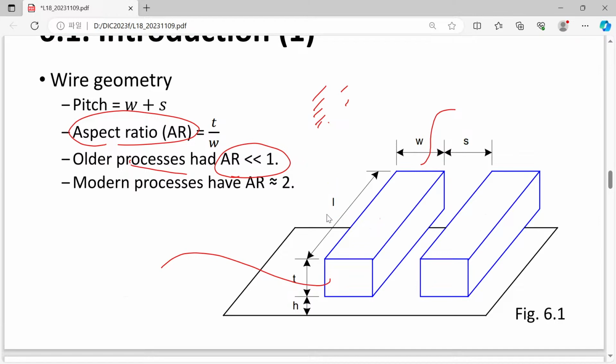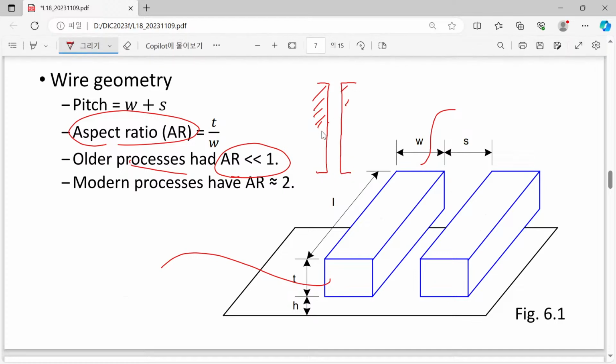So let's say that L is kept as a constant. Then the remaining way to increase or decrease the resistance is just to increase the width or area of these two surfaces.